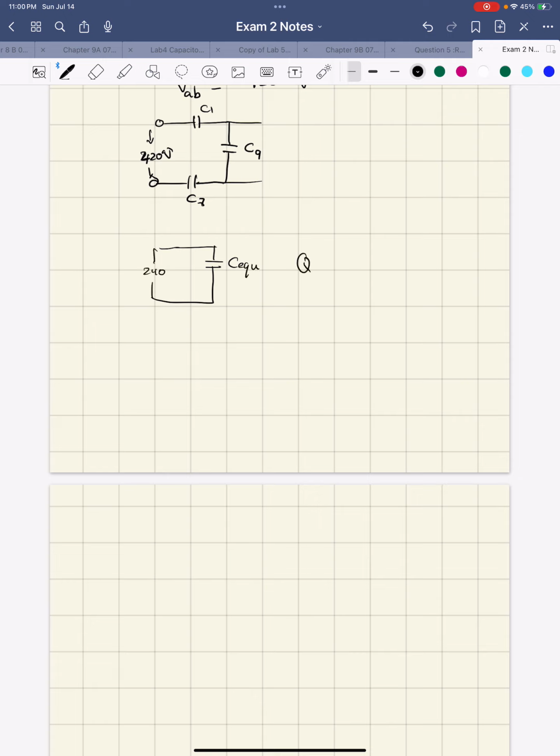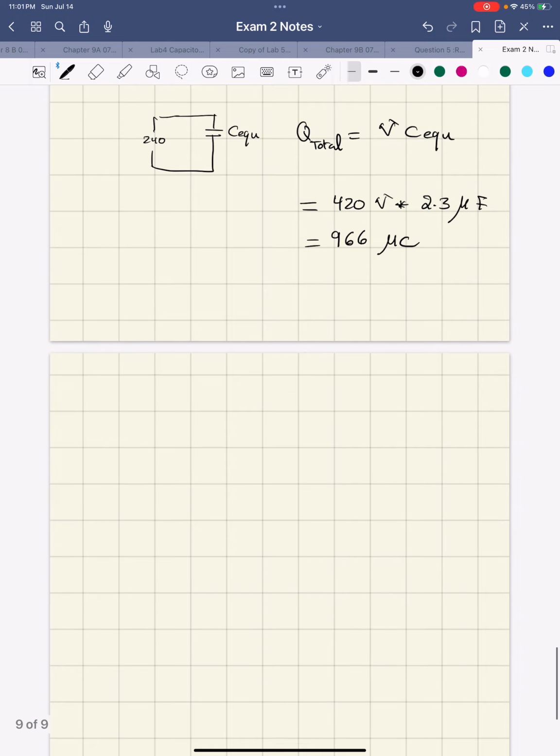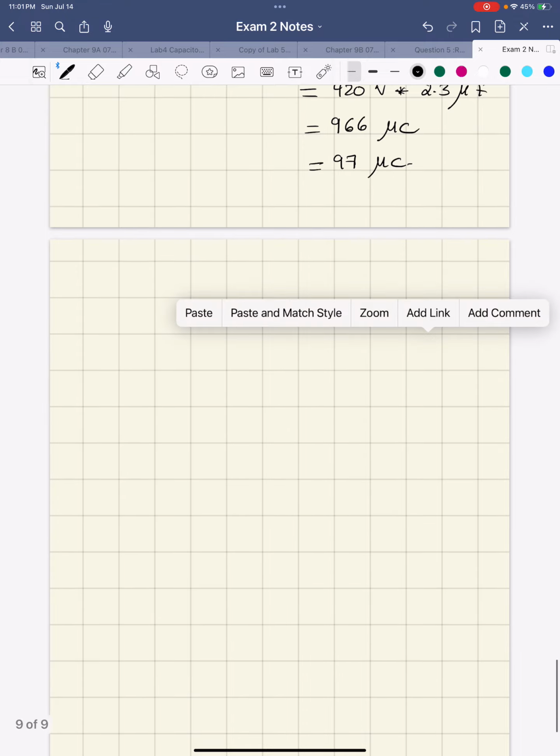I can say here Q total will be V times C equivalent, and therefore is gonna be 420 times 2.3 microfarad, and that is going to be 966 microcoulomb. As I mentioned in the lab, if we don't have to convert here, we can leave it microcoulomb. And of course, for the sake of significant figures, they're gonna say it is like 97 microcoulomb.